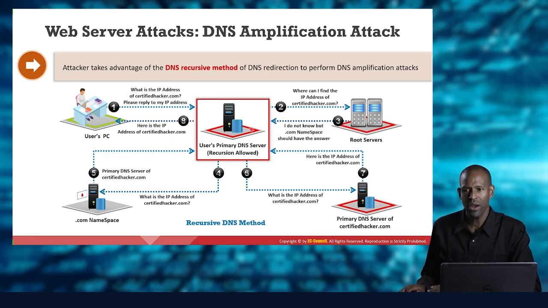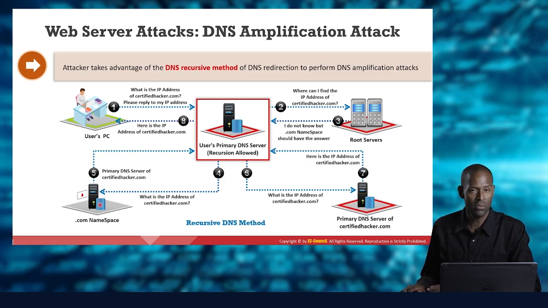And then from there, it finds another DNS server that is responsible for the .com, that's a TLD top-level domain, .net top-level domain, .mil top-level domain, .cc, .gov, or whatever. Those are top-level domains. So it gets that TLD information, and then it says, hey, do you have the IP address to certified hacker in your database?